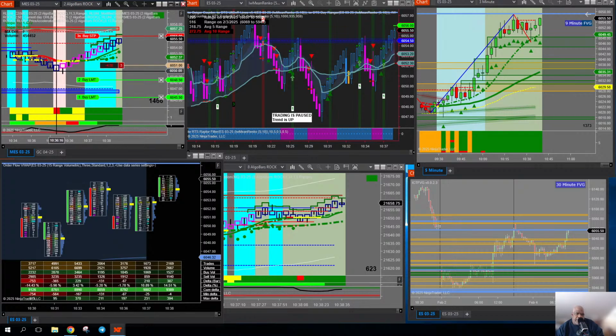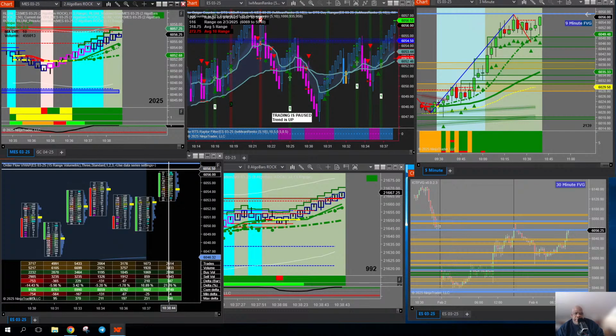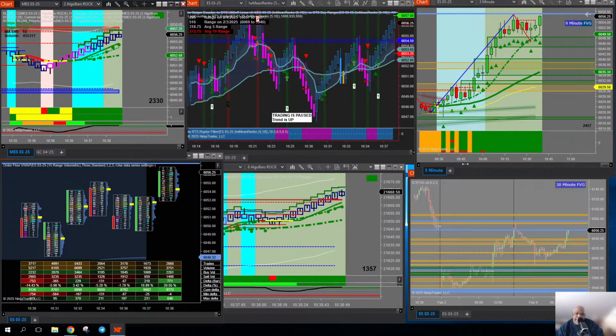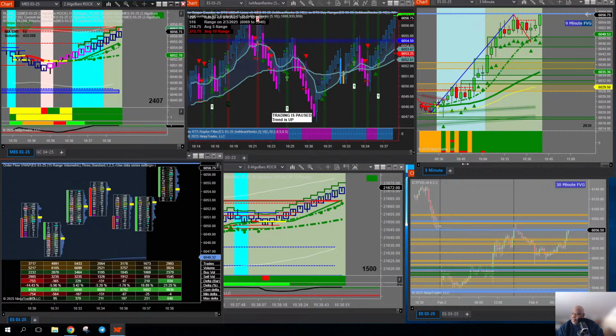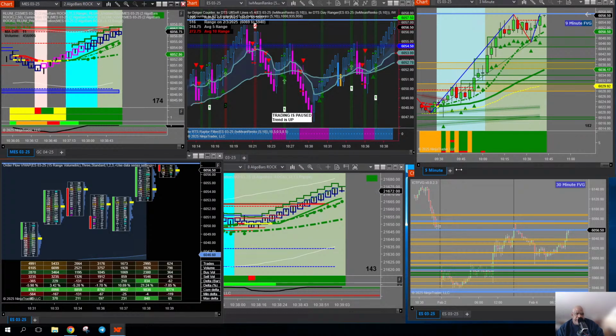Okay, at least we know what's going on with this thing. Maybe we shorted too early. Would we get some kind of movement down from here?